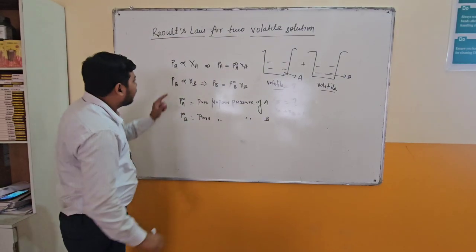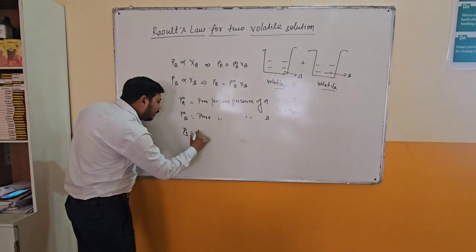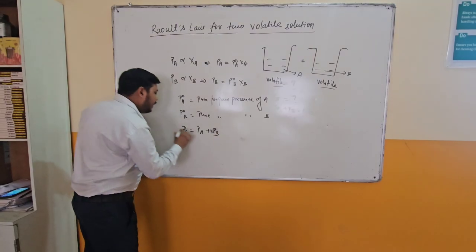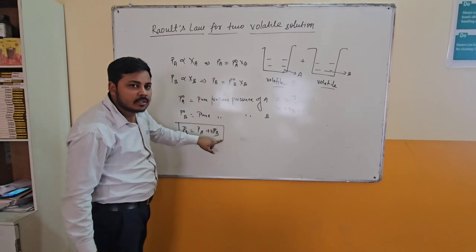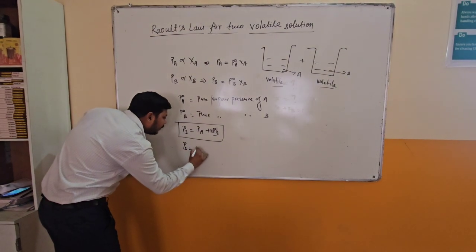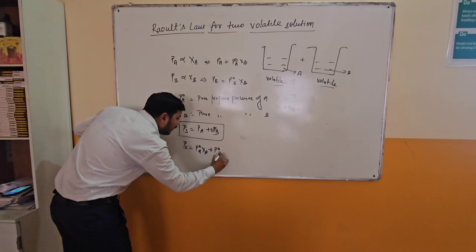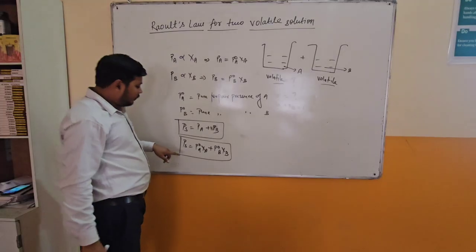If we take the net pressure, the pressure of solution is equal to PA plus PB, which means the sum of the pressure of A and pressure of B. Putting these values, we obtain pressure of solution is equal to P naught A into XA plus P naught B into XB. This is the final equation.